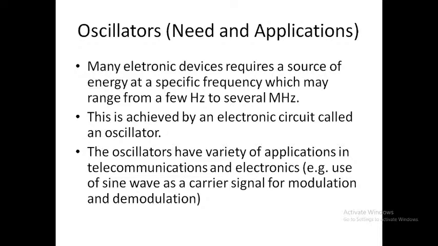To get that carrier signal, we have to build a certain electronic circuit which will generate a signal of that frequency. In so many electronic devices, you will require signals of different frequencies. For that you are going to use oscillators.